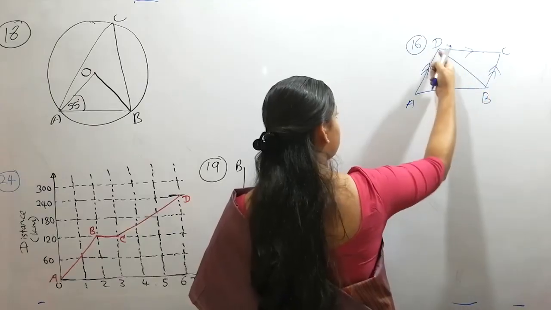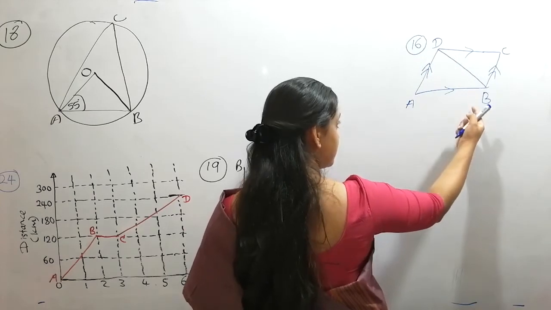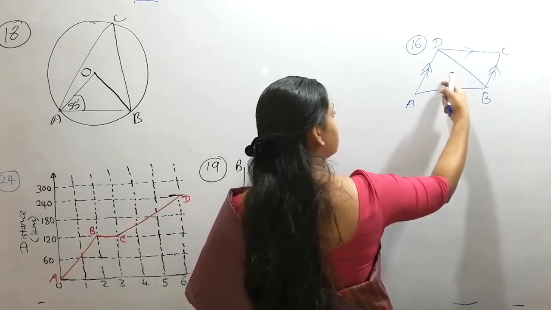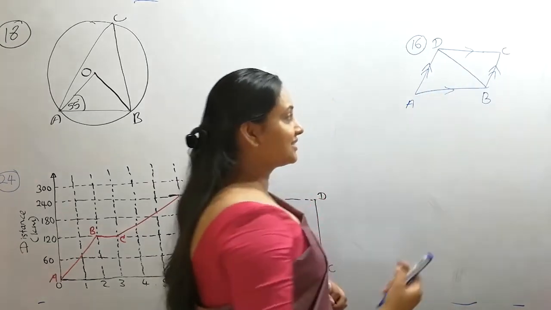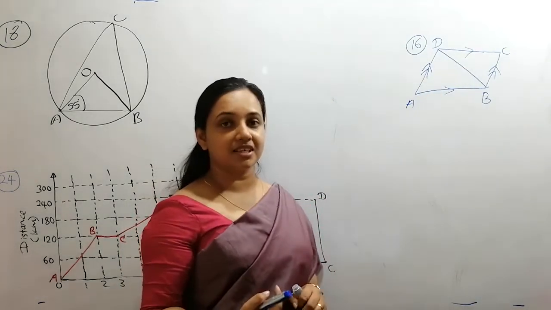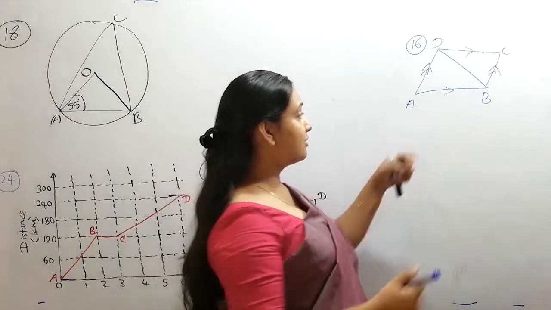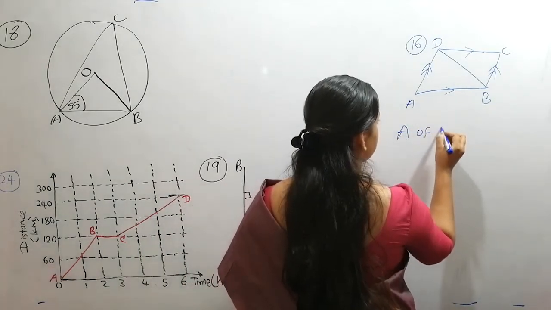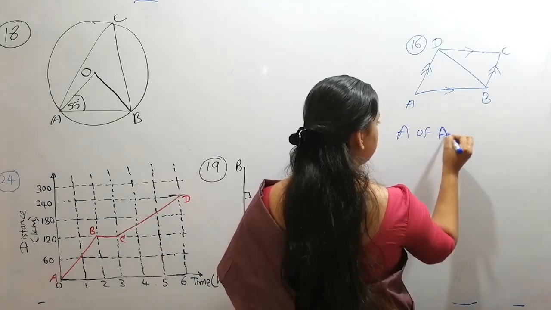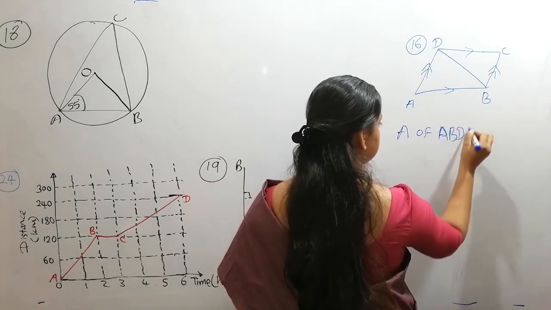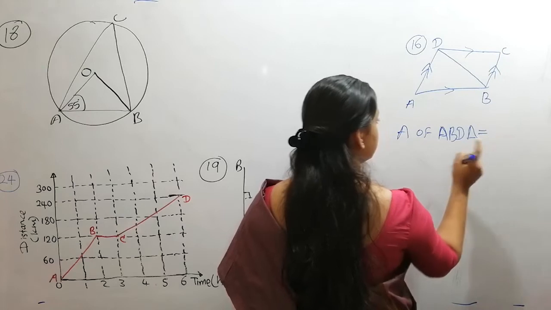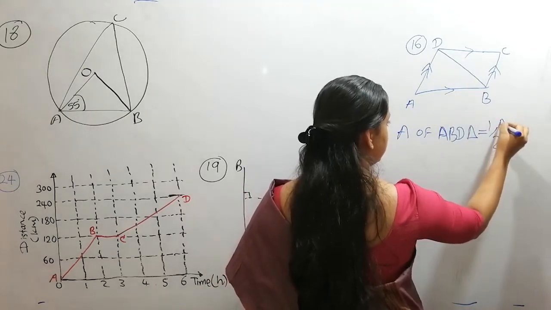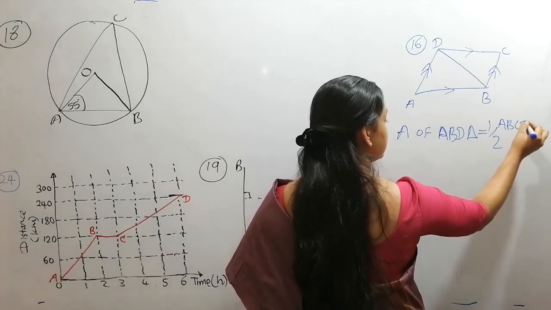The diagonal of a parallelogram will bisect its area. That means the first statement is correct. The area of triangle ABD is equal to half of the area of parallelogram ABCD. It is correct.